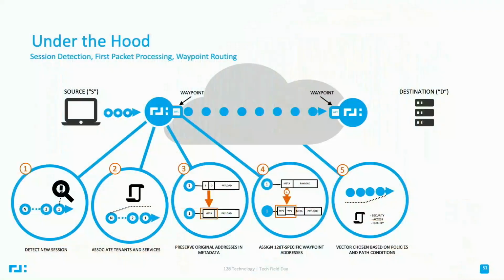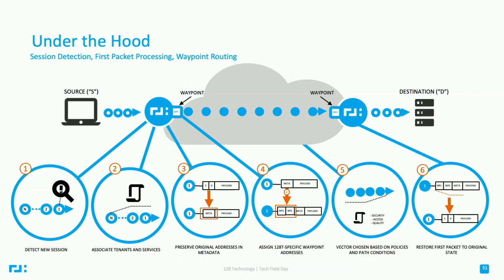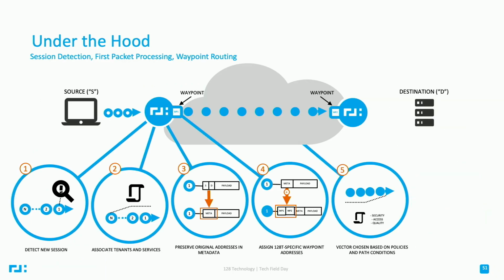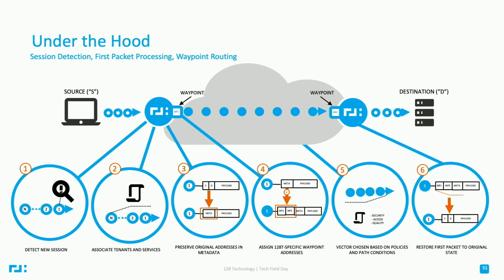Talking about path conditions, what happens if waypoint 2 fails? Okay, so if both paths fail. If waypoint 2 fails, the whole system, the 128T at the other end. You mean in that scenario where there's just two routers peering with each other and they only have that one path?